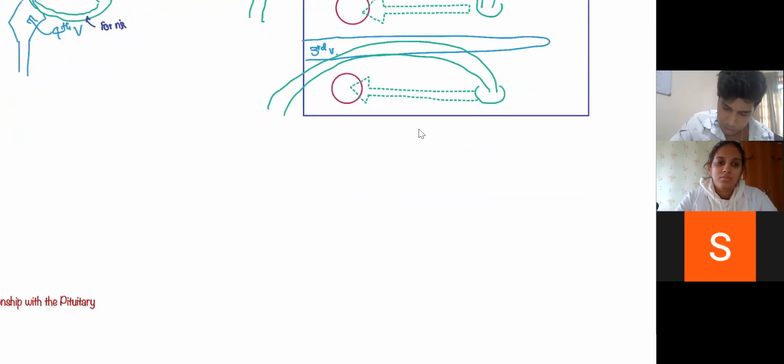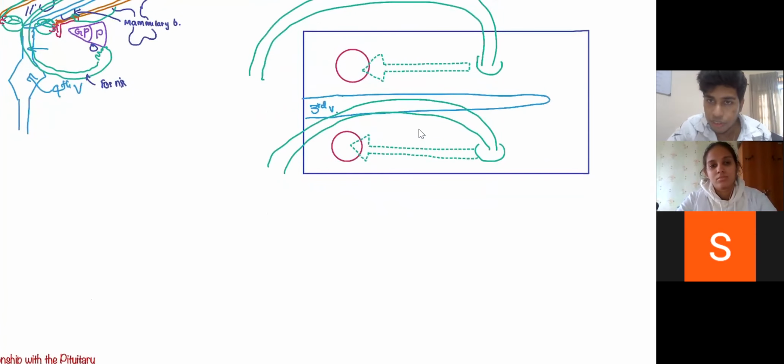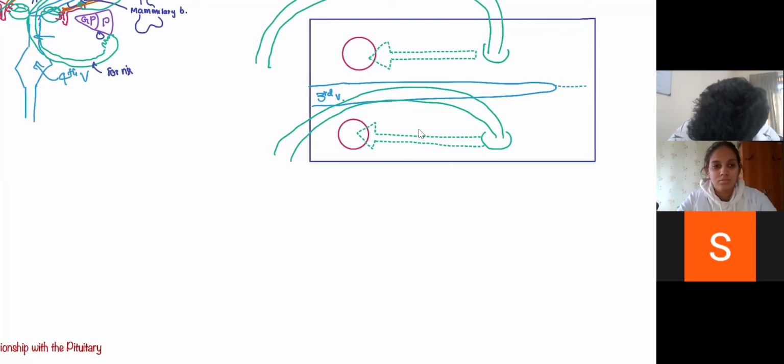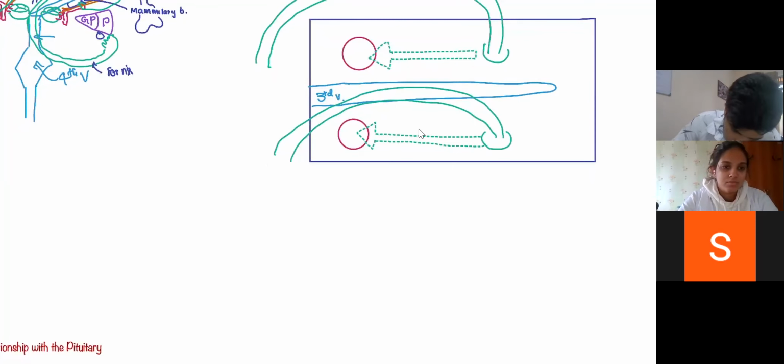Now, what is important is the fornix is what divides the hypothalamus into four regions. Let me just extend the third ventricle like this. Now you can see this area.